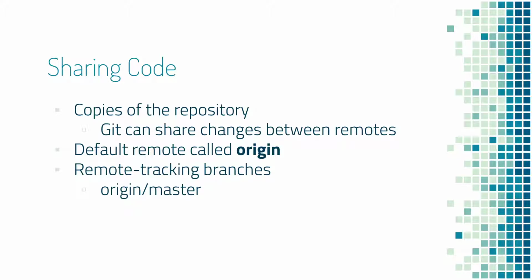So it keeps a reference to that. And that's called a remote tracking branch. And the way it's written out is the remote name slash the branch name. And that way you can keep track of where the master branch is on the remote versus where the master branch is on your own machine.